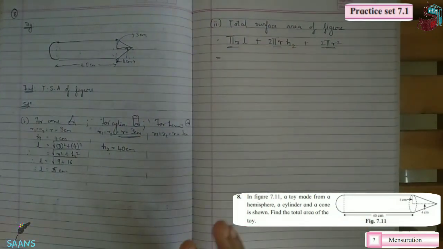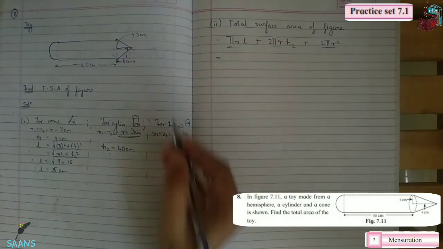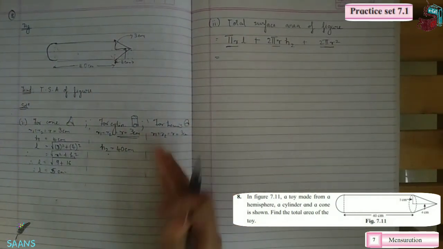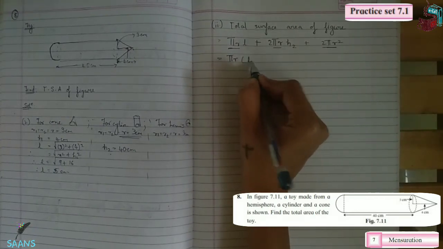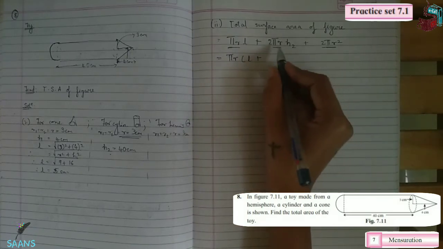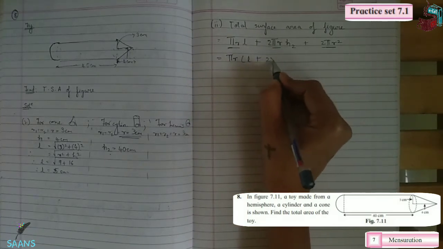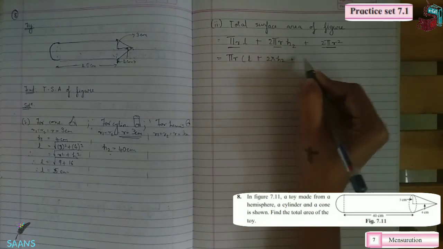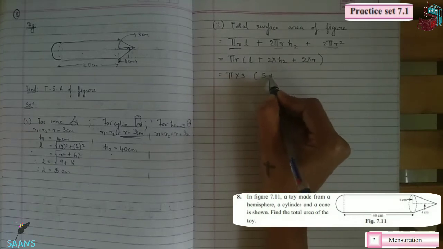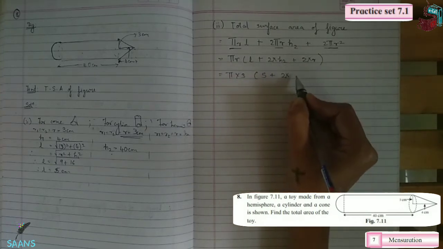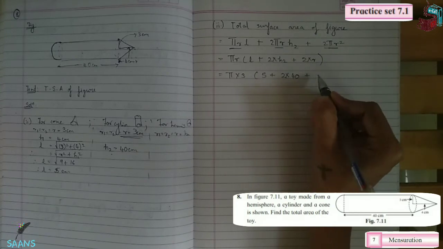I'm going to do detailed calculation so that you all understand the sum. Okay. तो आप लोग मेनली इधर कैलकुलेशन का ही काम आता है. Pi R becomes L plus, let's see what we have, 2 into H2 we have plus 2 into R. Now we'll put the values. Pi keep it as it is. R we have 3. L we have 5 plus 2 into H2 is 40 plus we have 2 into 3 is 6 again.